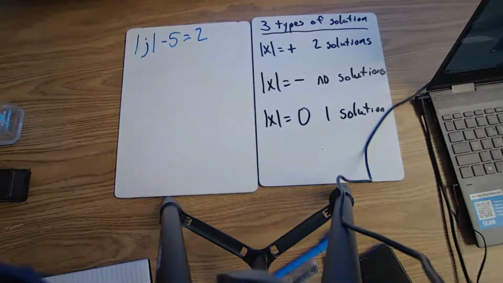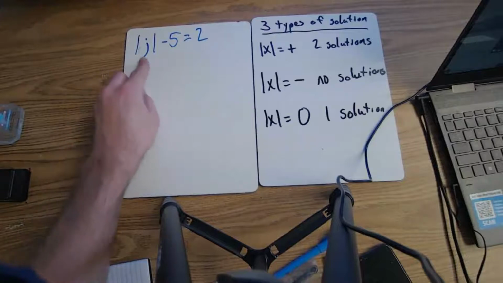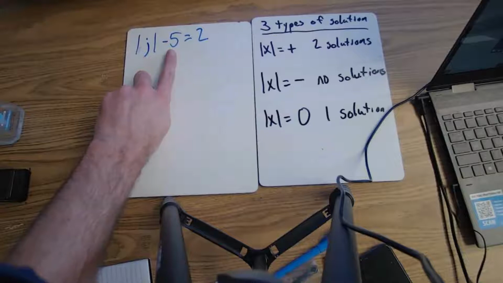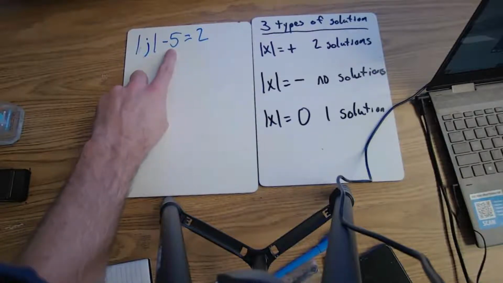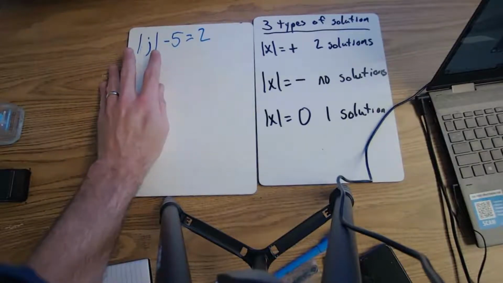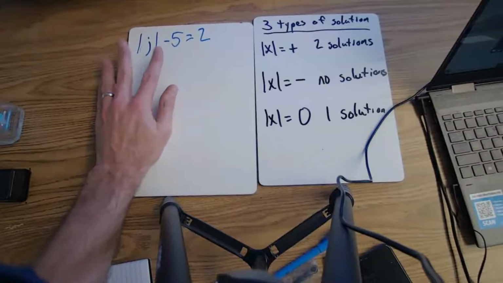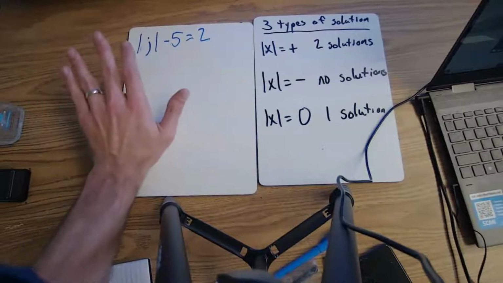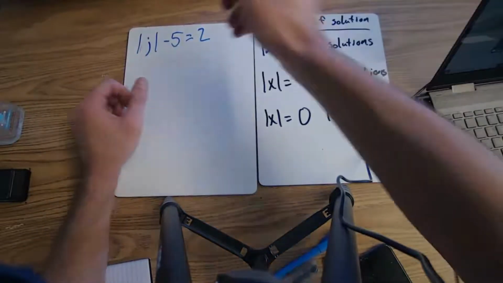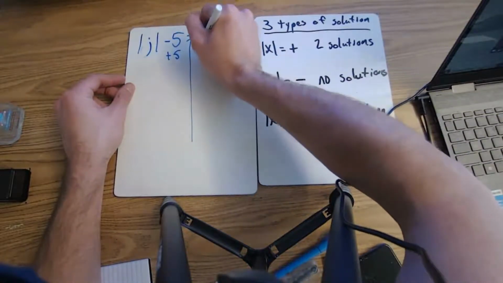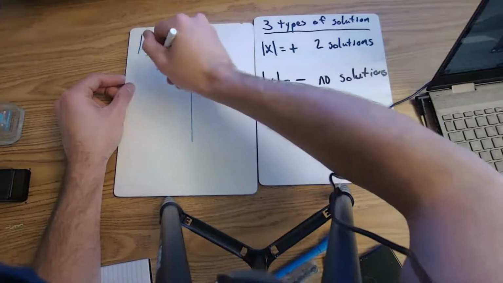Now, what you'll notice is I have j inside the absolute value bars, but I have a number outside the absolute value bars. Okay? What I like to think of this as is you want to get this kind of quarantined. You want to get it on one side of the equation all by itself. You want to get that absolute value bars with nothing else over there, okay? So that's what we're going to do. We're going to add 5 to both sides. Get that to cancel out.